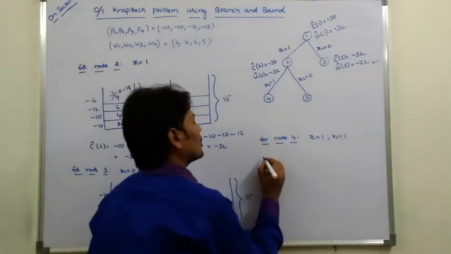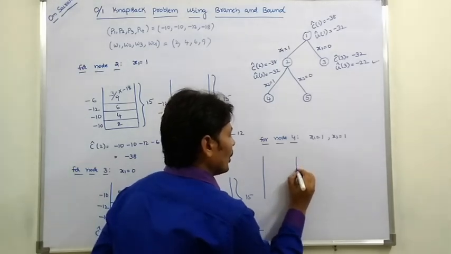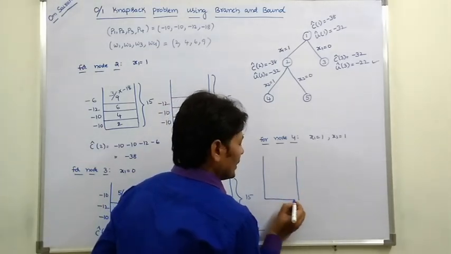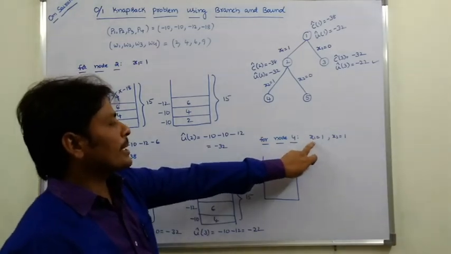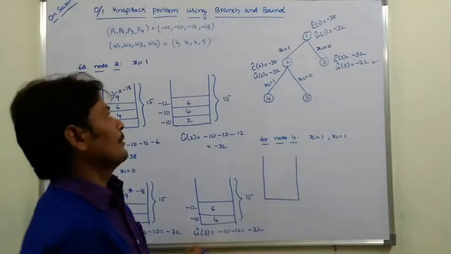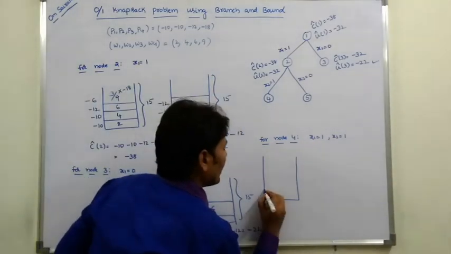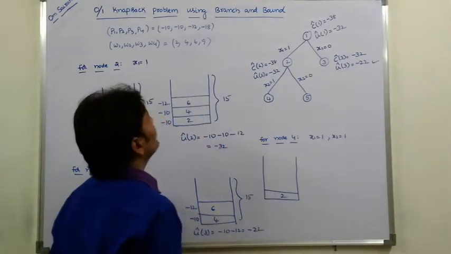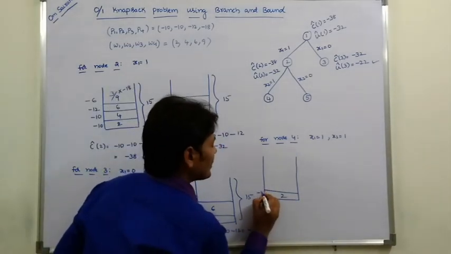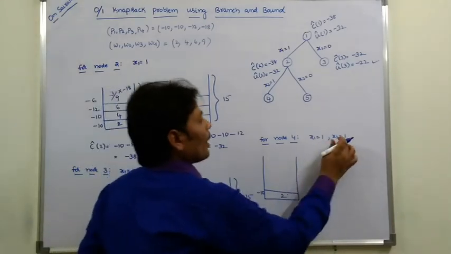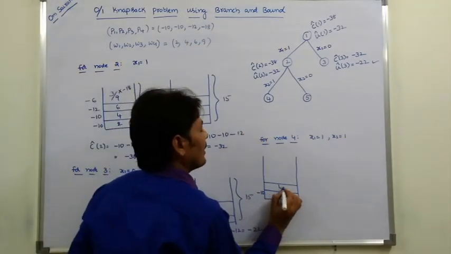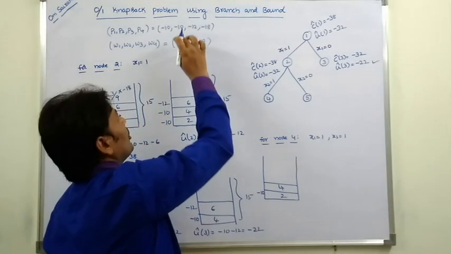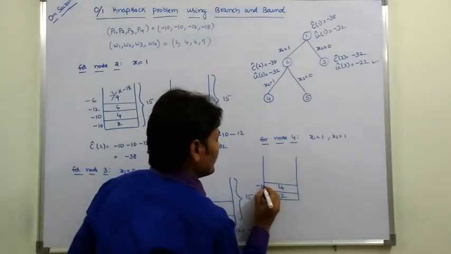Now we have to calculate the lower bound C cap and upper bound U cap. The first object is placed into the knapsack, its corresponding profit is minus 10. The second object is completely placed into the knapsack, its weight is 4 and the corresponding profit is minus 10.